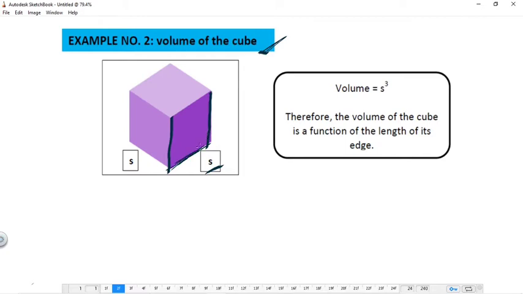The equation, if you recall, is the length of the edge raised to 3. In this example, volume is equal to s raised to 3. If we are going to plug in any number to s, there will be a corresponding value for volume. Therefore, the volume of the cube is a function of the length of its edge.